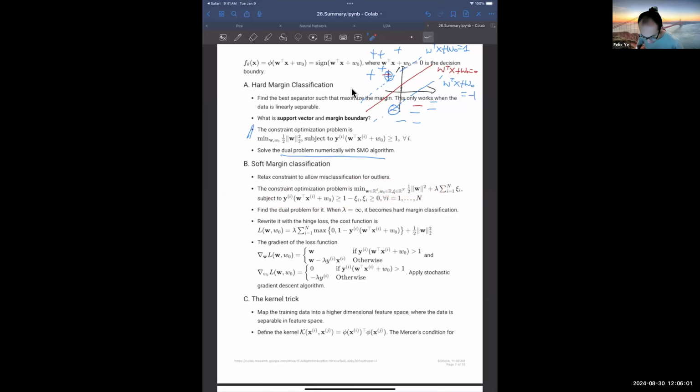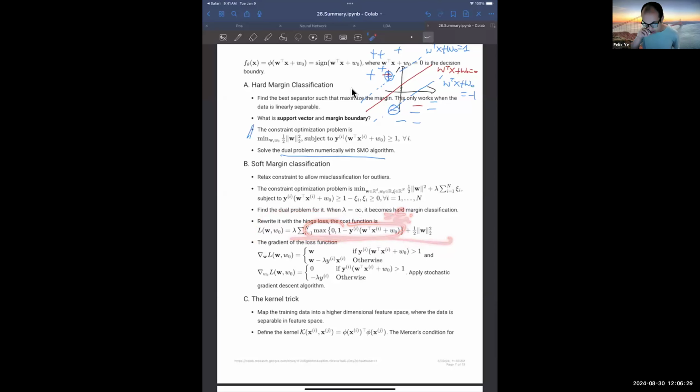The beauty of this soft margin classification is we can rewrite these things in a different form, accommodating these constraints and in the meantime eliminating xi completely. So this actually becomes like this. Basically, this is my xi_i.